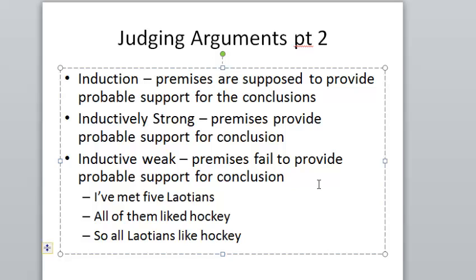Right. So this is inductively weak, we would think, because this is an insufficient body of evidence to make any sort of inference, any sort of generalization about an entire group, right? So if you think about it visually, you might think that this is just a very small few samples out of a massive pool of individuals, so it's not sufficient evidence to warrant the conclusion.